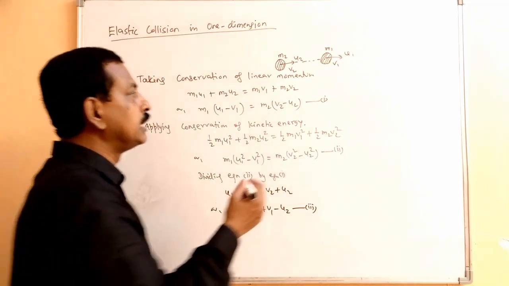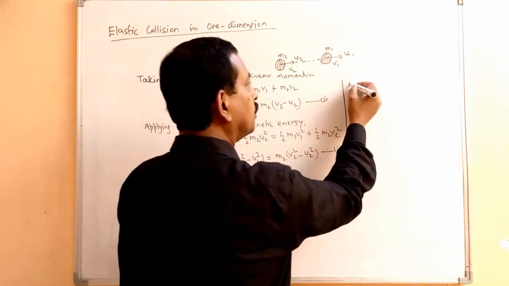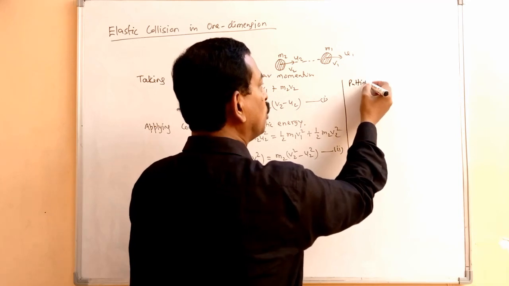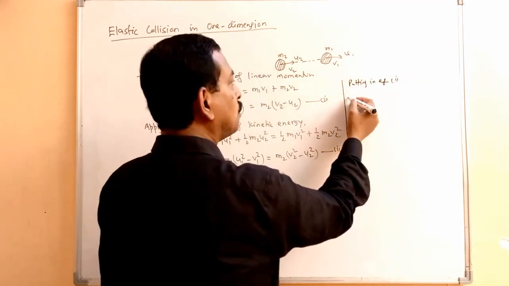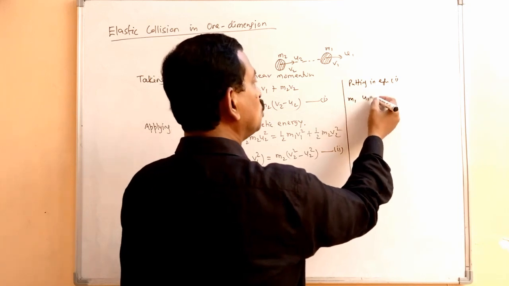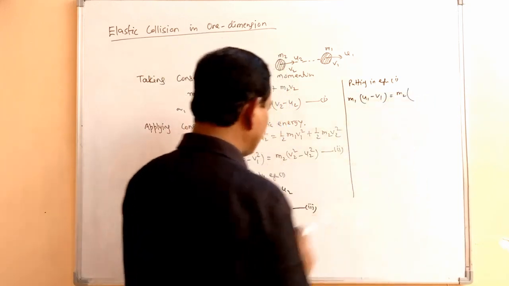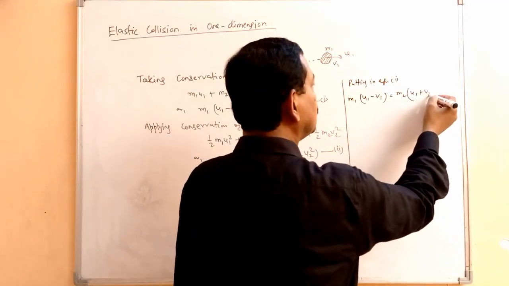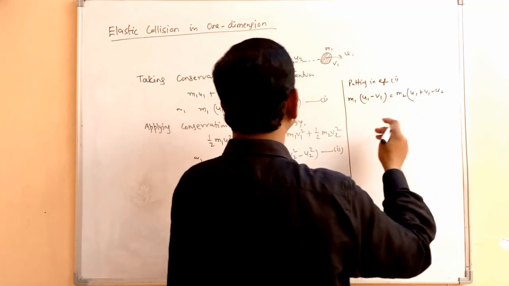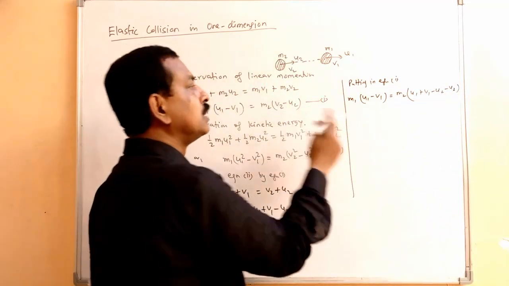So if we substitute it in equation 1, we have m1 (u1 minus v1) equals m2 times, for v2 we are putting this one, that is u1 plus v1 minus u2, minus u2, because one u2 is already there.